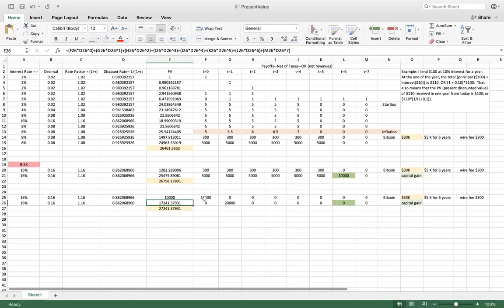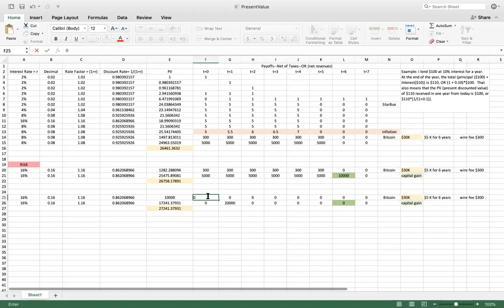But if instead I purchased Bitcoin, $30,000 worth of Bitcoin right now, I expect it is going to be worth $30,000 a year from now when I get to Germany.